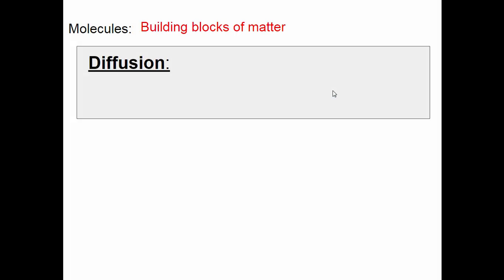All right. So we are going to be talking a lot about molecules moving from one place to another. And we haven't talked about molecules really yet, but we will. A molecule is sort of what all matter is made out of. I was talking about a salt molecule, a water molecule. So all matter is made out of what we call molecules.